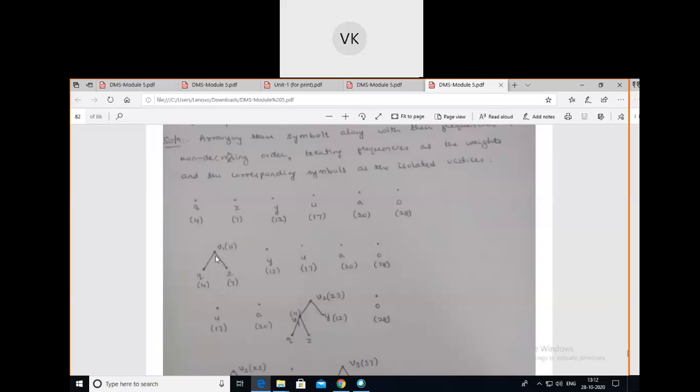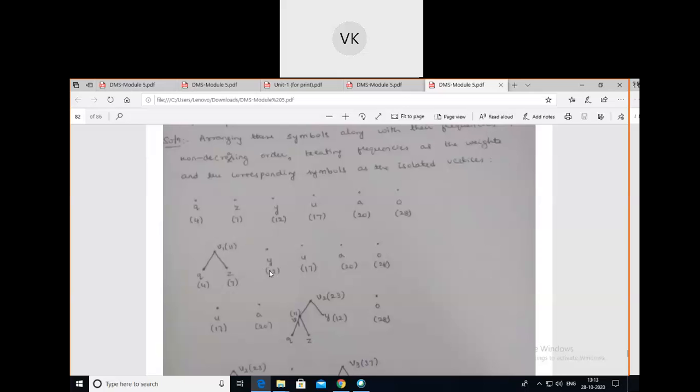So V1 and Y are having the least weights.